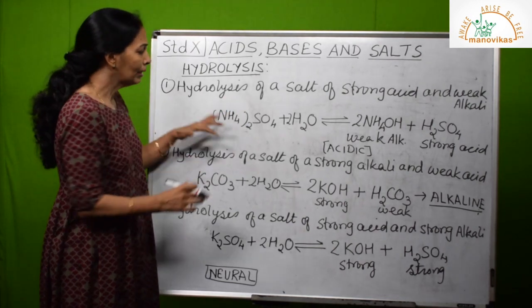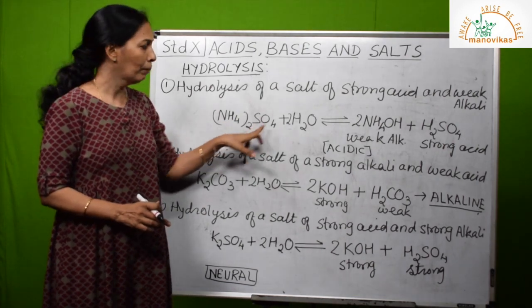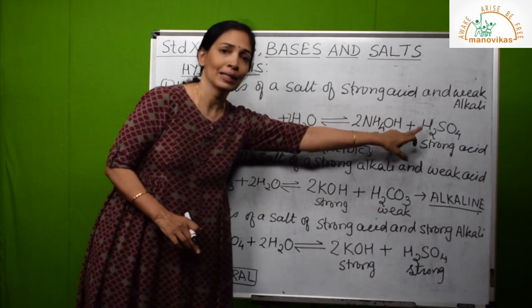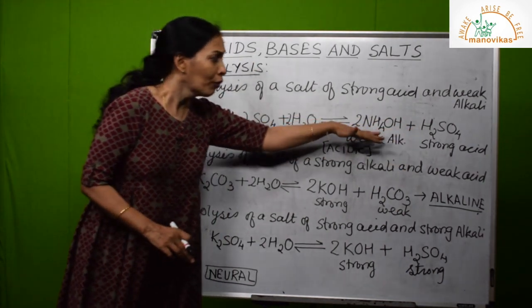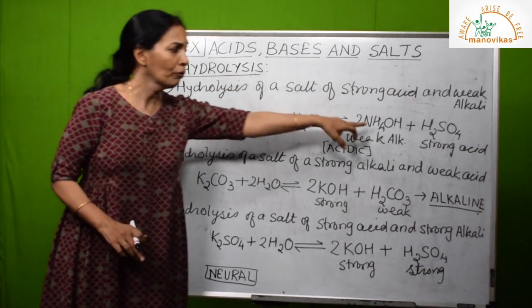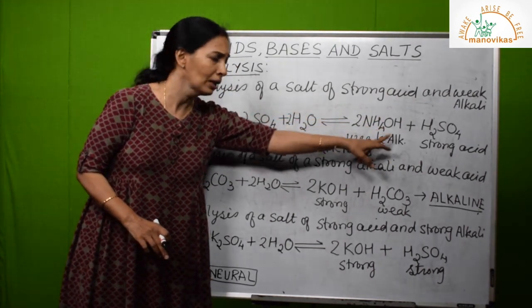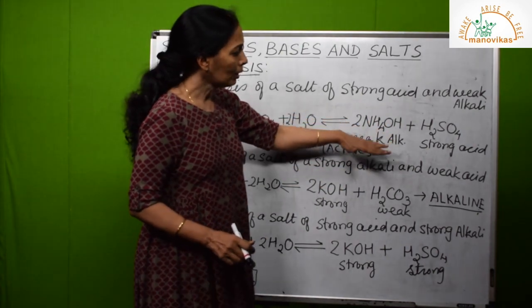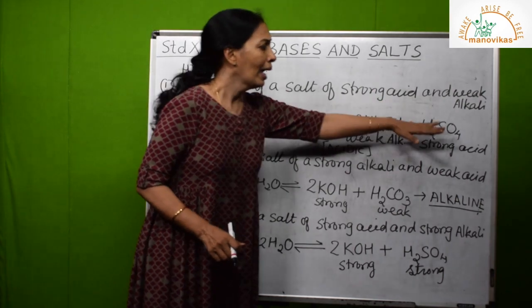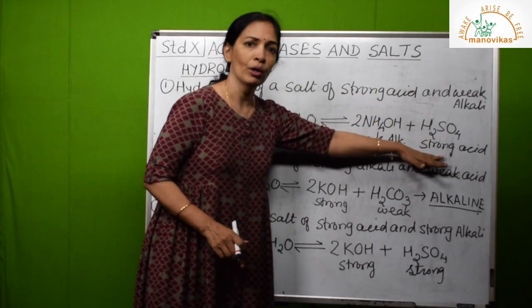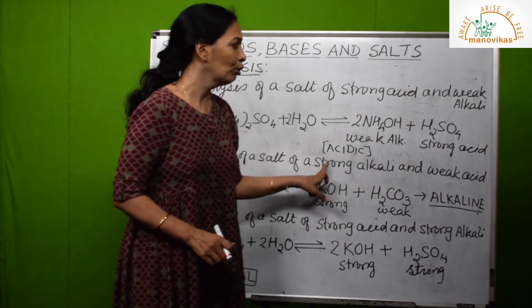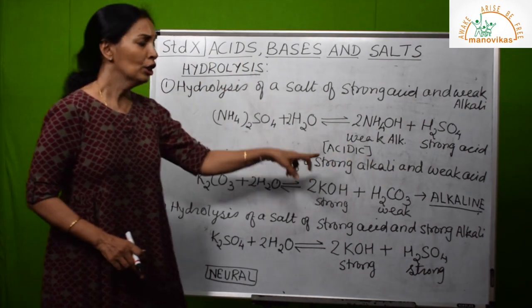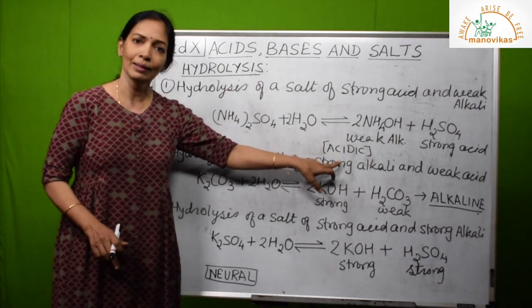When it is dissolved in water, it will combine with water and give its parent alkali and acid, from which this salt was made by the reaction of neutralization. Now see, ammonium hydroxide is a weak alkali and sulfuric acid is a strong acid. So the resulting solution will be acidic in nature because the strong acid will dominate.